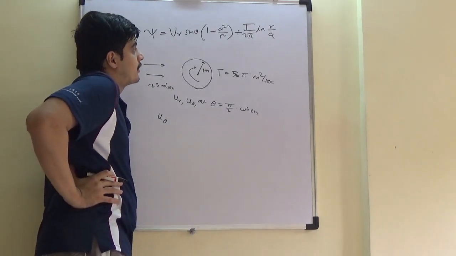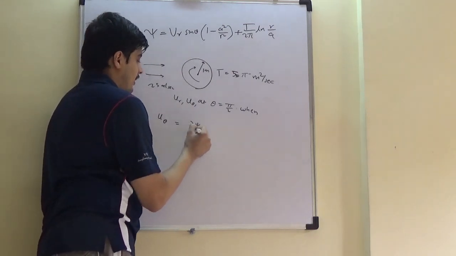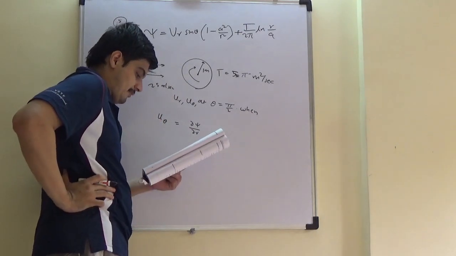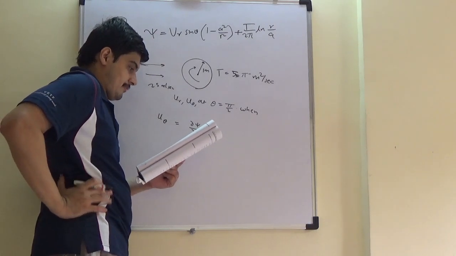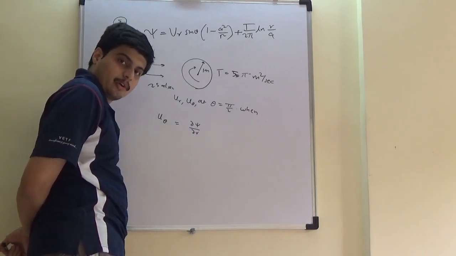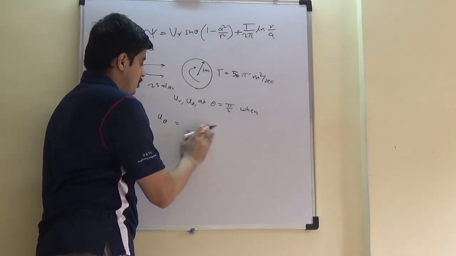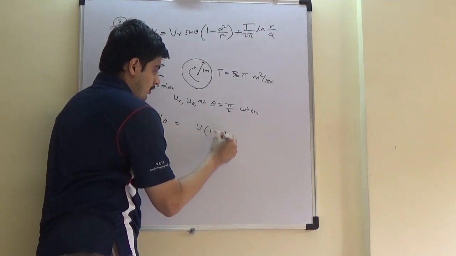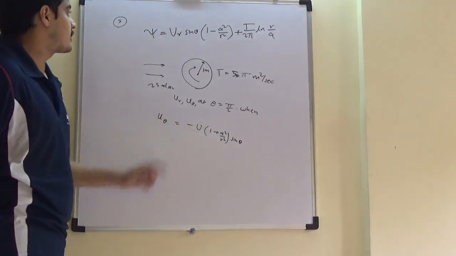Now, what would this number be? U theta is del psi by del r. Does this make sense? Is this the right coordinate frame we are using? Always remember, U theta we derived to be negative U times 1 plus a square upon r square, sine theta. How did we do this?